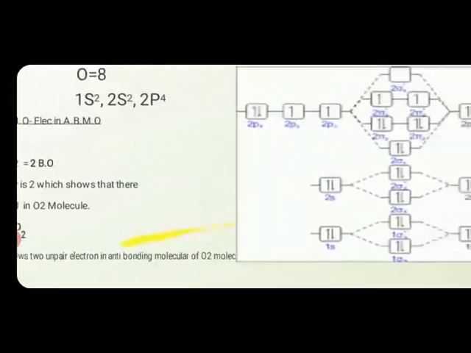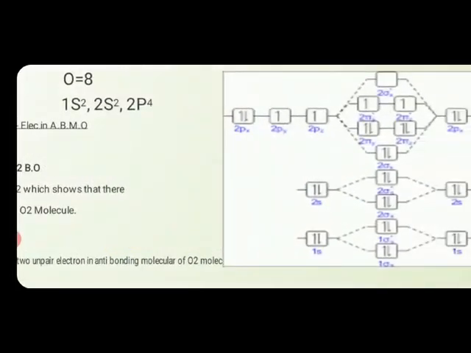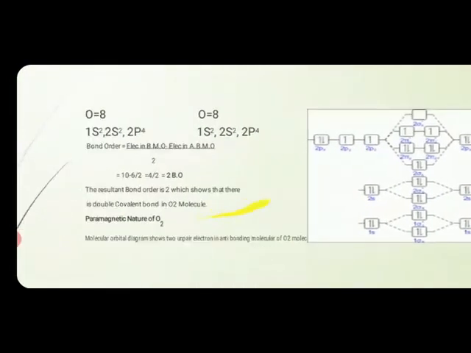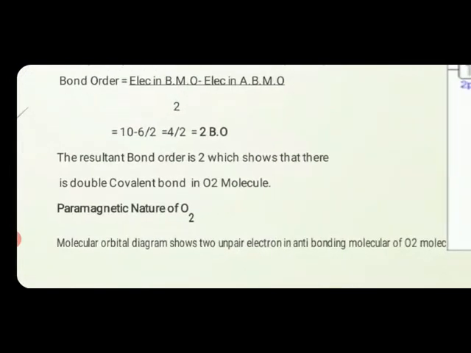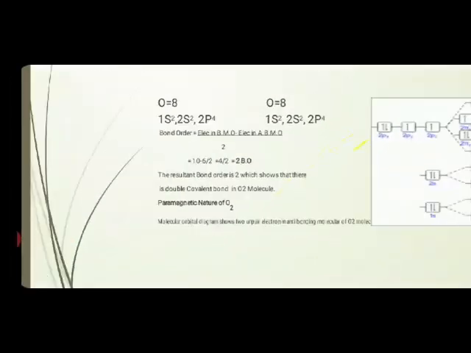And additionally, these 2 unpaired electrons in pi star 2py and pi star 2pz give oxygen an extra behavior that is known as paramagnetic nature. So oxygen is paramagnetic in nature. This is because of the presence of unpaired electrons in it.